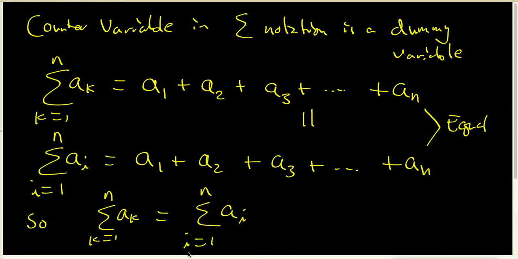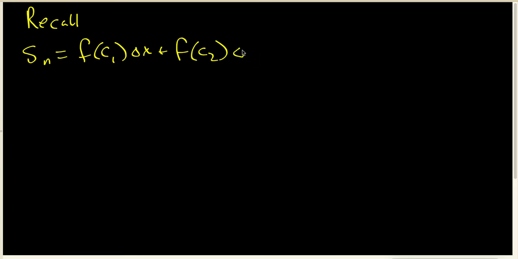Now what I want to do is actually relook at our Riemann sums. So I want to recall that S_n is equal to this particular expression. And the only things that are changing in that expression are the subscripts on the sample points.